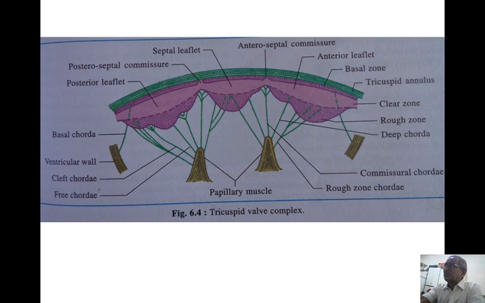One is attached to the free border, one is attached to the junction of the clear zone and the rough zone, and midway between these two, we are having one more strand attached. So that is the rough zone chordae.